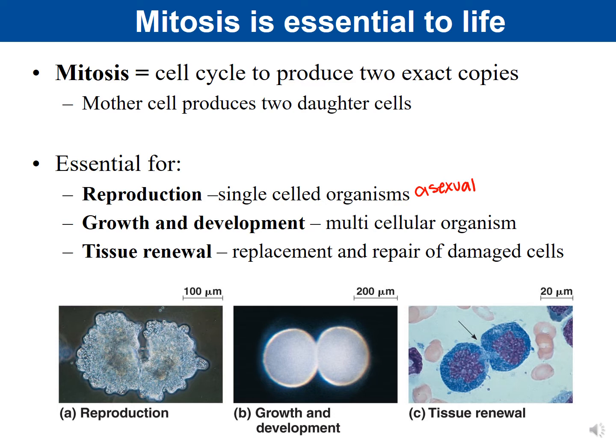So along those lines, think of your own body, right? Within your body, you have a variety of tissues. You have muscle cells, you have liver cells, you have blood cells, etc. And so those different cell types are different in your body. But what I want you to think about is, what is it that makes them different?